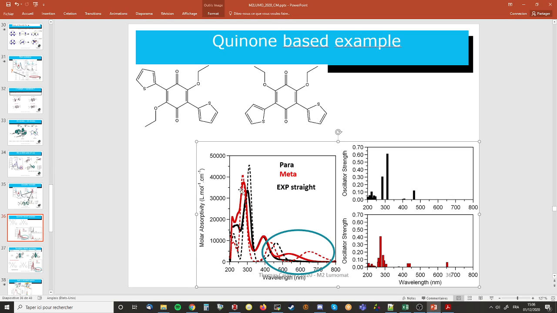That means that here, since 300 nanometers is much more energy, it is logical to see less difference between experimental and theoretical. Whereas in the low energy region, since the energy difference can be 0.3, it can induce a difference in nanometers that is quite huge.